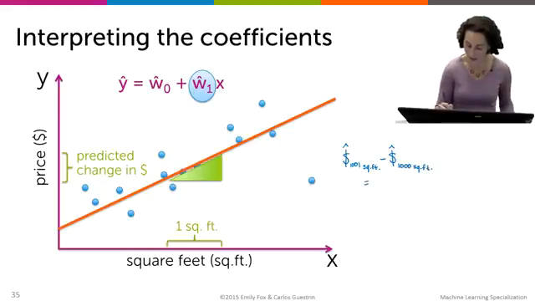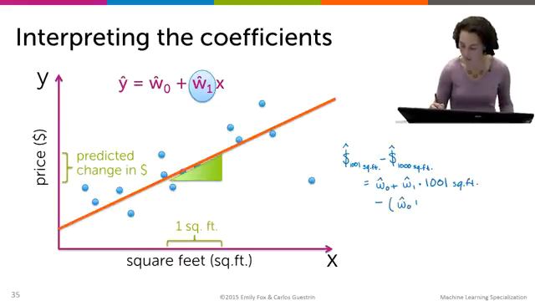Well, what is this? This is equal to, if I look at the first term, estimating a house with 1,001 square feet, how would I estimate that? I'd take w hat 0 plus w hat 1 times 1,001 square feet. And then I'm going to subtract, for the second term, I have its estimated value is, again, w hat 0 plus w hat 1 times 1,000 square feet.